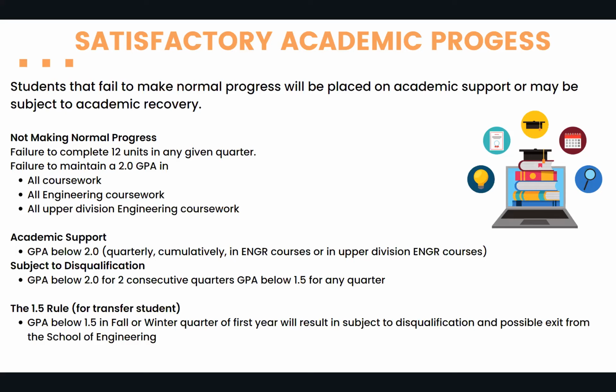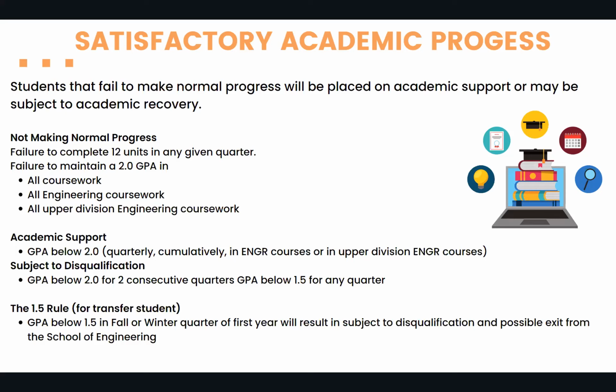So in order for us to keep track, to make sure that you're on target to reach that goal to graduate with your GPAs, we're going to review your grades at the end of each quarter. And if your GPA falls below that 2.0, you are going to be put on probation.